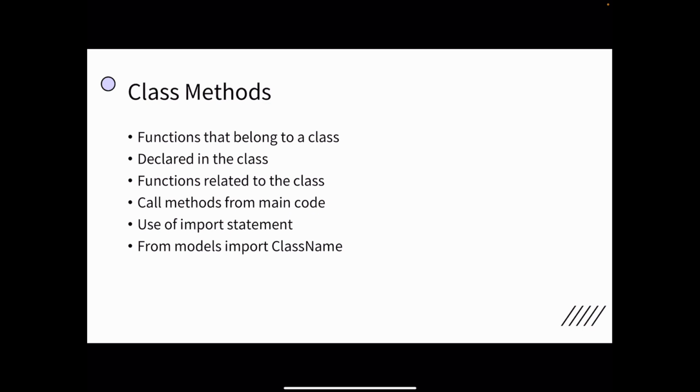I do have a little example statement there: from models import class name. Models is just the standard name used for the Python file that holds all of your classes and methods, and any child classes that you want, because we're also going to be working with inheritance, where I can create a new class that inherits all of its values from a parent class, including any methods that are a member of that class.